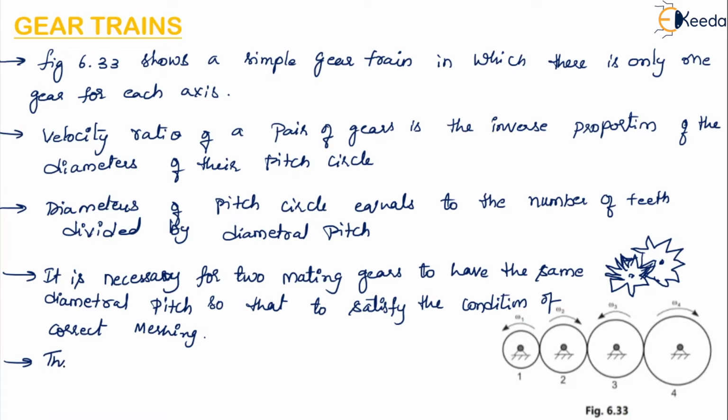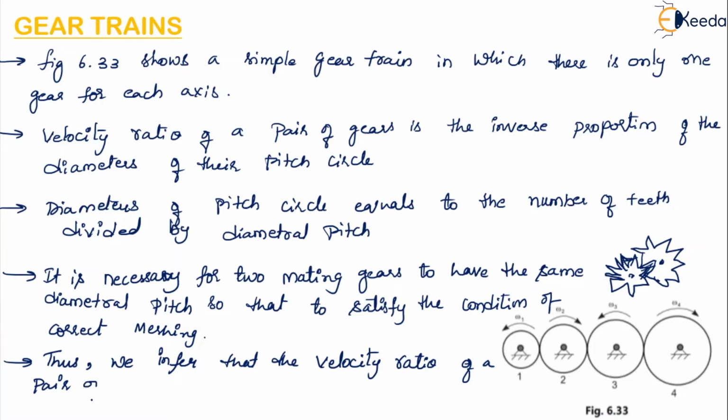Thus we infer that the velocity ratio of a pair of gears is the inverse ratio of their number of teeth.